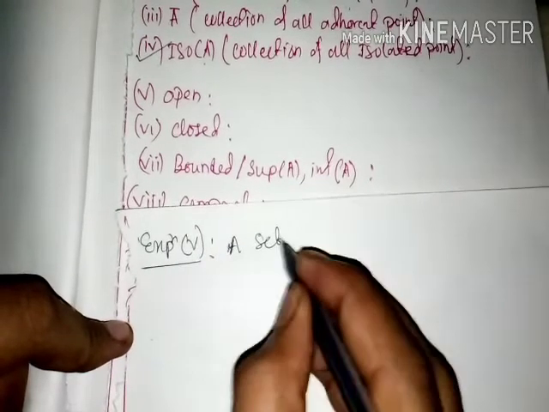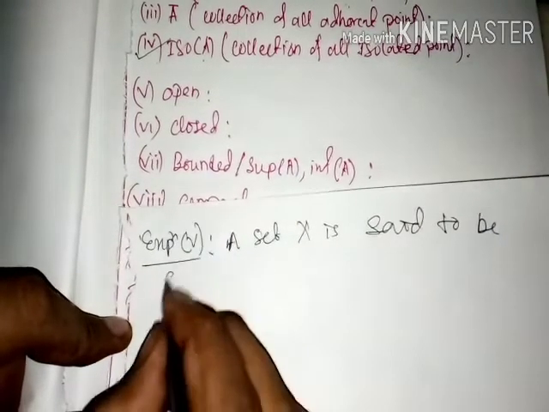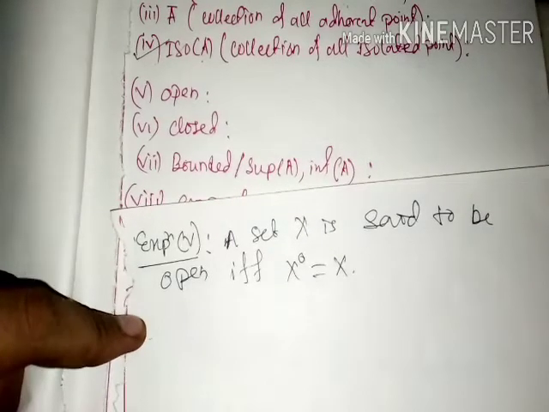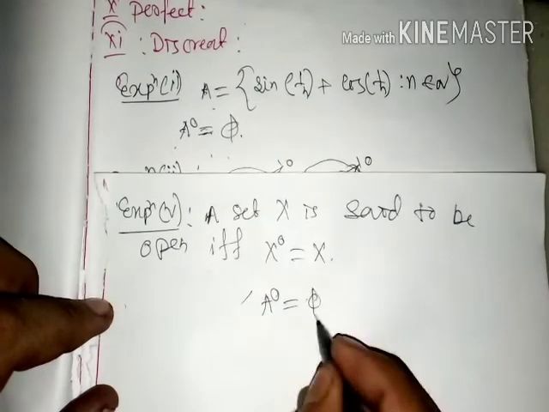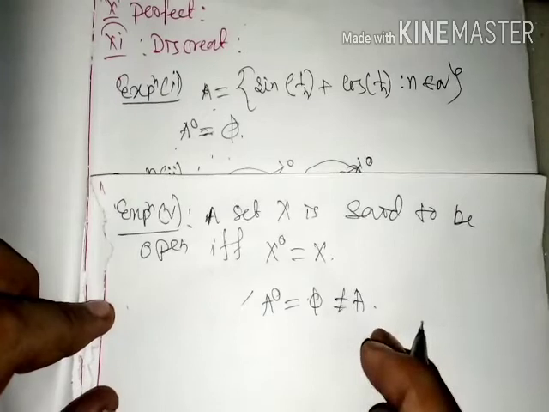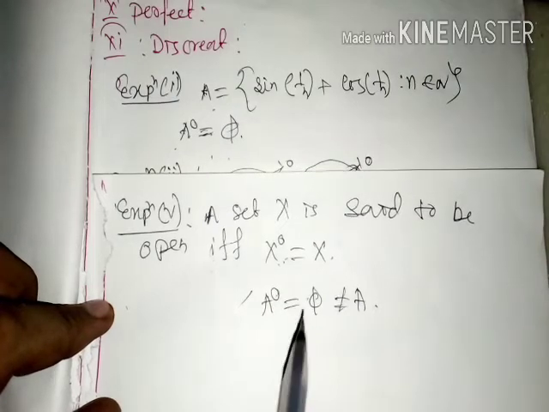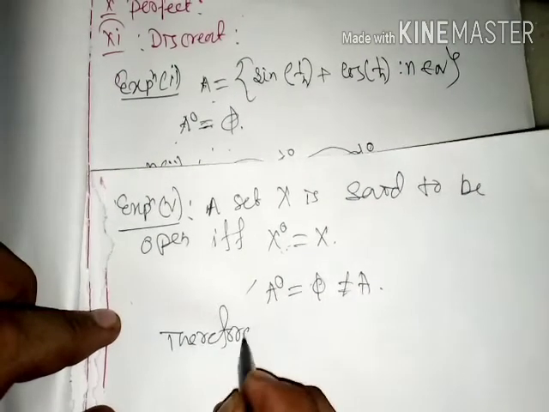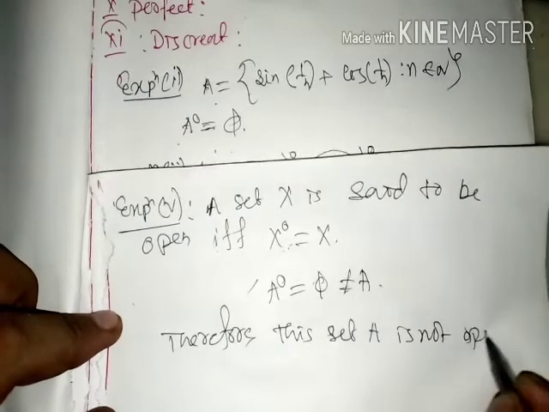A set X is said to be open if and only if X interior equals X. Already we got, in this case, A interior equals phi, not equal to A. It is necessary and sufficient, so we can conclude that this set is not open. Therefore this set A is not open.